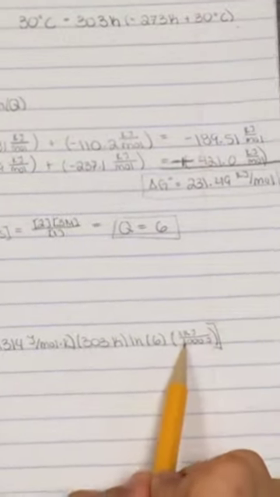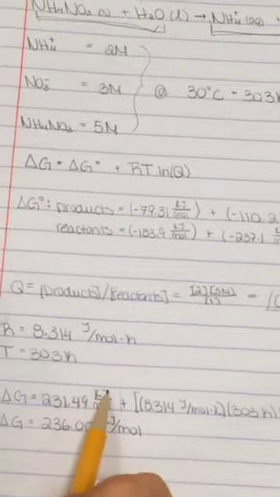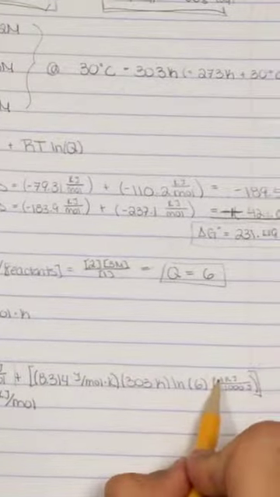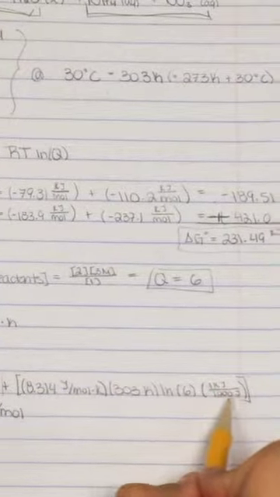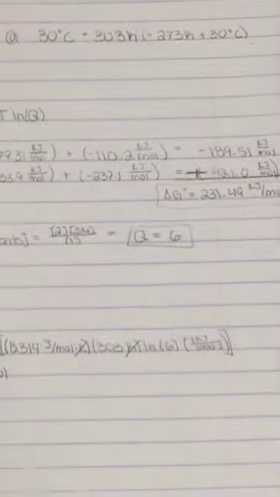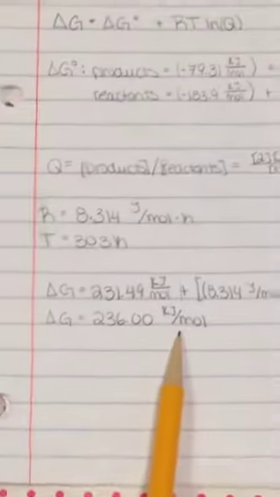The reason we divide by 1,000 joules is because we have a joules here and a kilojoules here. We want to maintain the same units, so you multiply by 1 kilojoule divided by 1,000 joules to convert this to kilojoules. Now we cancel out our units, and we get 236 kilojoules per mole.